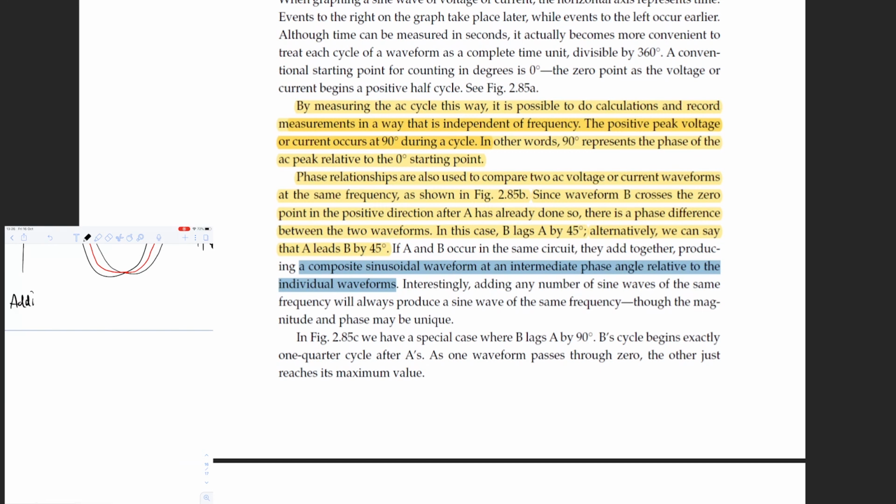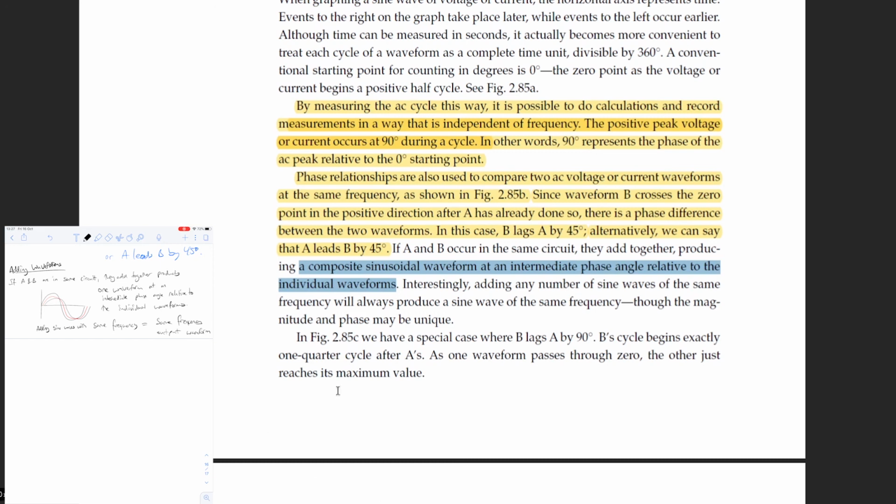So adding sine waves with same frequency equals same frequency output waveform.